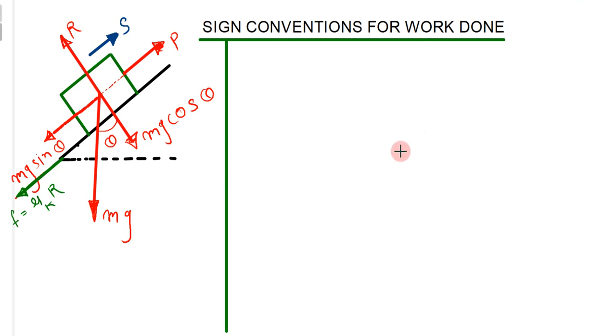Okay, in this case force P, frictional force and mg sin theta are parallel to a direction of motion, but this R and mg cos theta are not parallel, they are even perpendicular to the direction of displacement. So this R and mg cos theta don't contribute for work done.